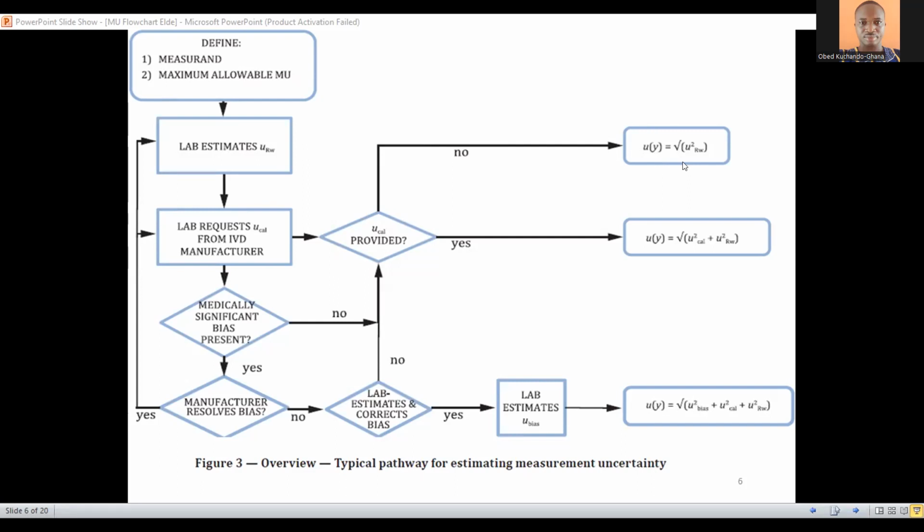By the way, this is coming from the ISO TS 20914. Why would they provide this if they will not allow it? We have to justify that. Well, if we cannot obtain the UCAL, what will we do? Well, this is an option.